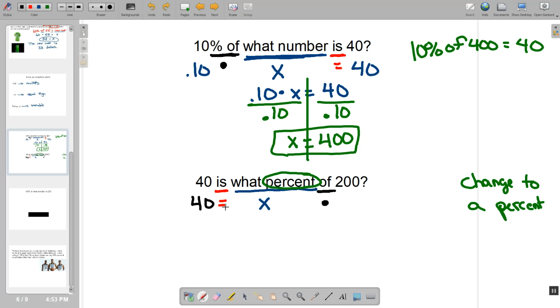Let's finish our equation. 40 is equal to x times 200. Let's regroup it. From here, I want to divide by 200.